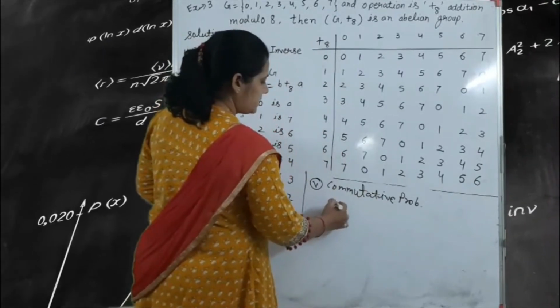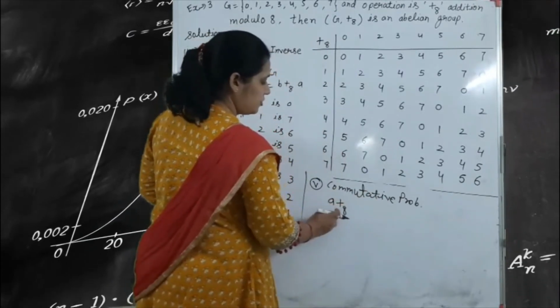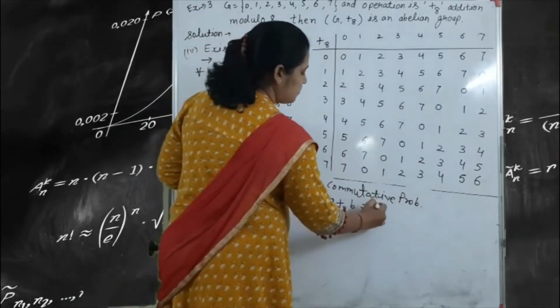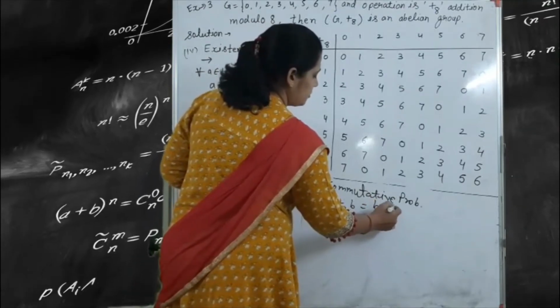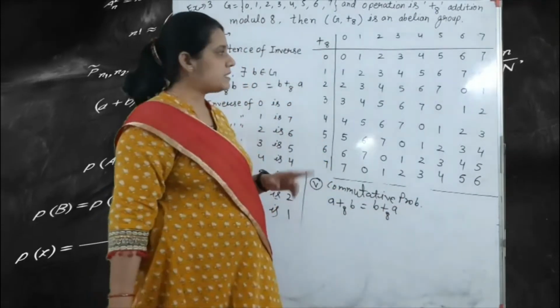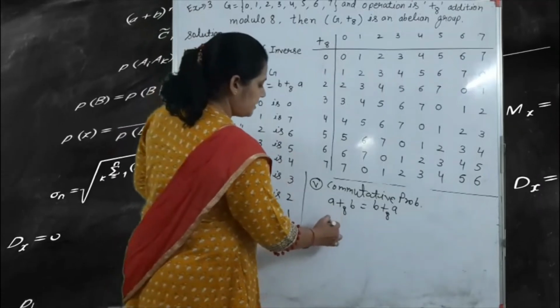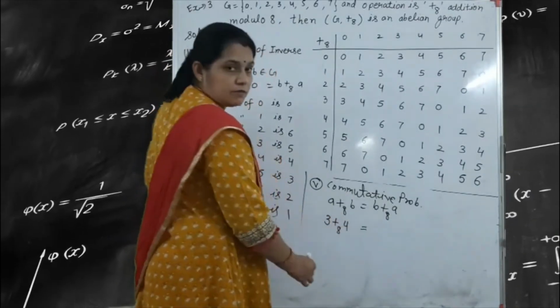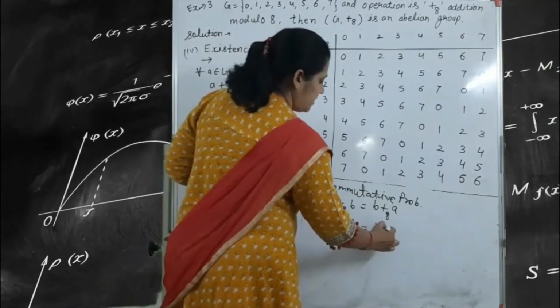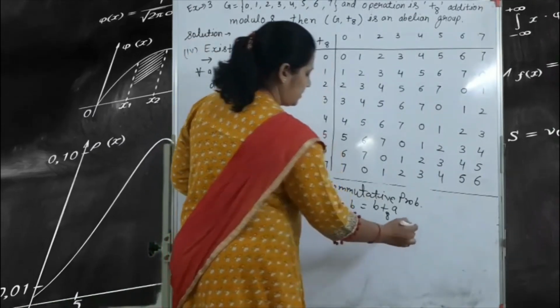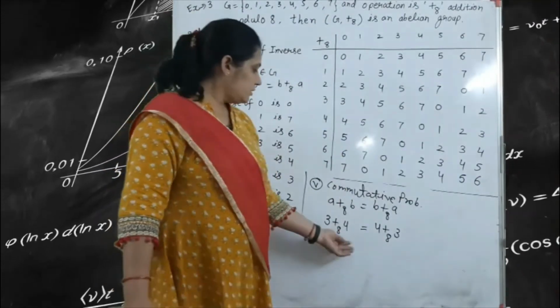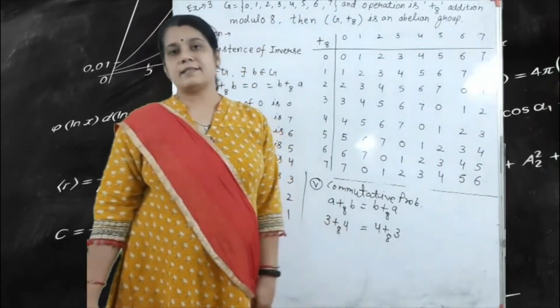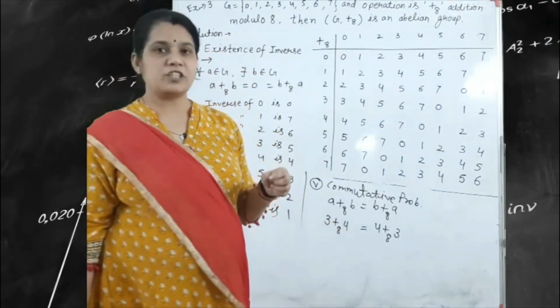Okay, so what is the commutative property? Commutative property is A addition modulo 8 B is equal to B addition modulo 8 A. That means, in case we write 3 addition modulo 8 4 is equal to 4 addition modulo 8 3. If both the values are the same, then we can say that this satisfies the commutative property.